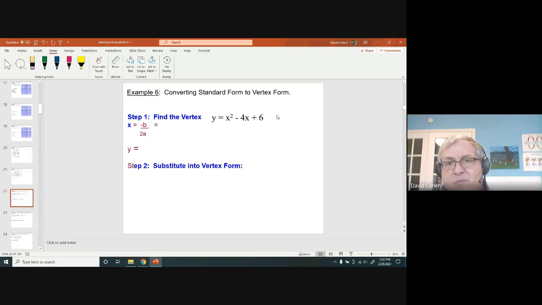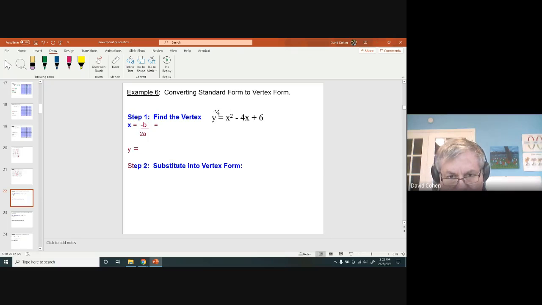Converting standard form to vertex form. So here in this example, we're given the -b over 2a for this standard form. And the standard form, the a, b, and c look like this. And I will turn my pencil back on.